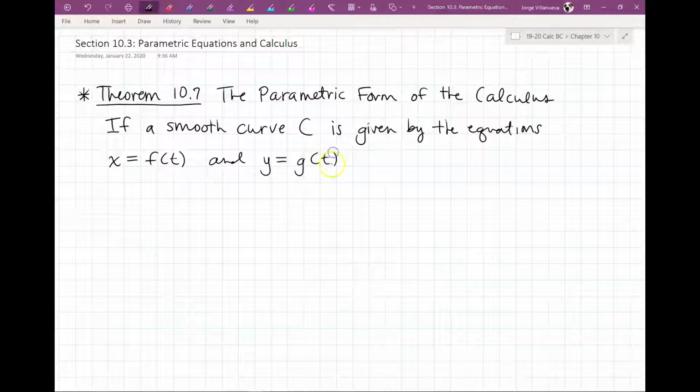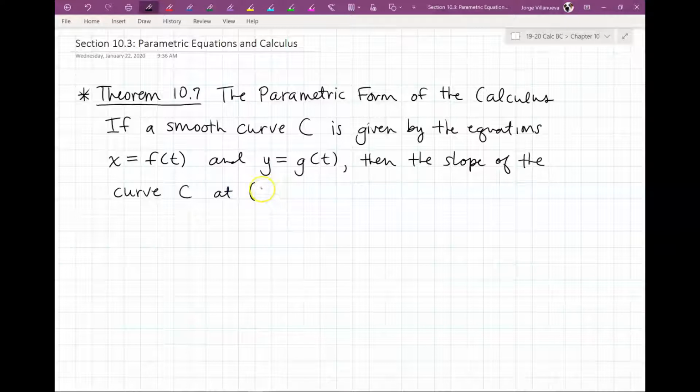So again, that means that they're parametric, right? Then the slope of the curve C at x comma y is, and here's your definition.